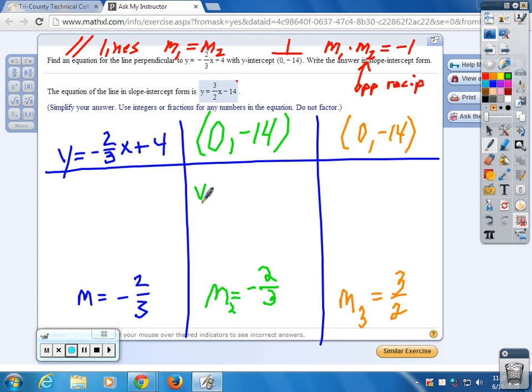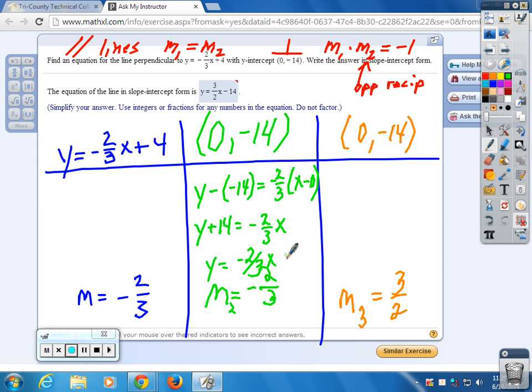y minus negative 14 is equal to negative 2/3 times x minus 0. y plus 14 is equal to negative 2/3 x, and y is equal to negative 2/3 x minus 14.